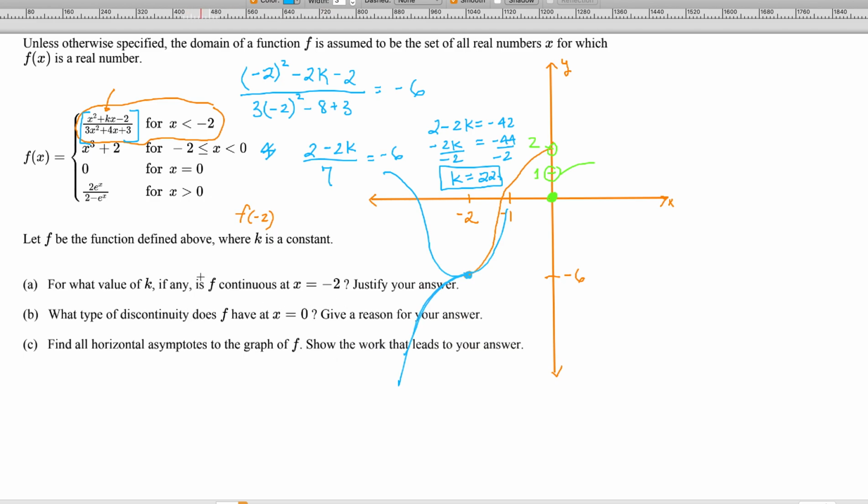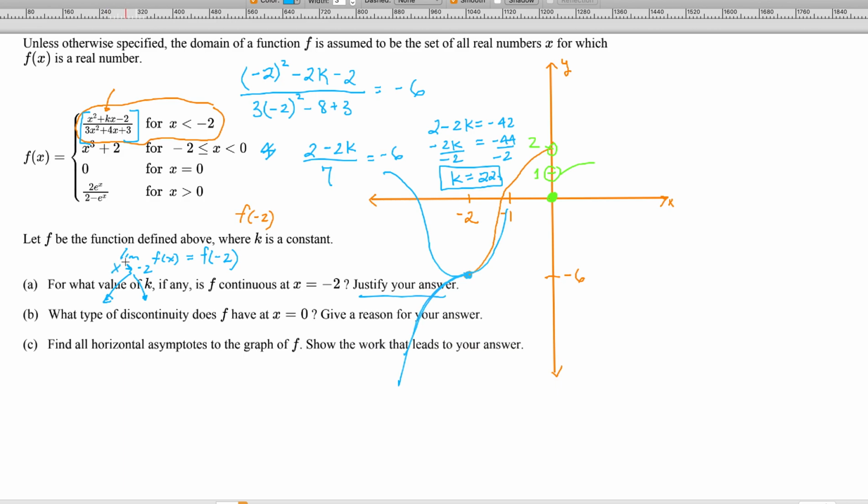The way you can justify your answer is you could say the limit as x goes to -2 of f of x equals f of -2. That's the definition of it being continuous at -2. Then you could say the left-hand limit approaches -6 and the right-hand limit approaches -6, so both limits exist. You could split this up and write that out, and that would be justifying your answer for k being 22.